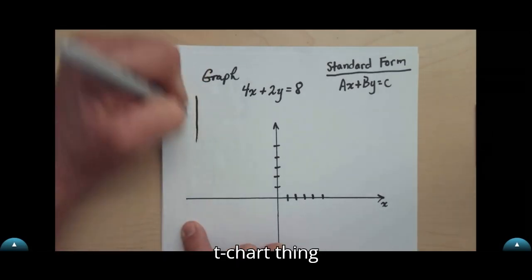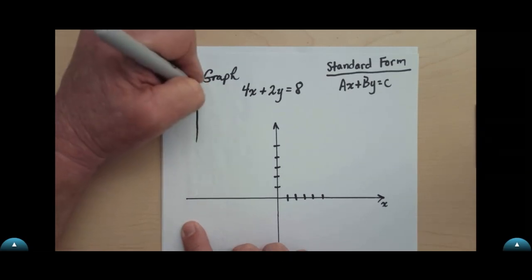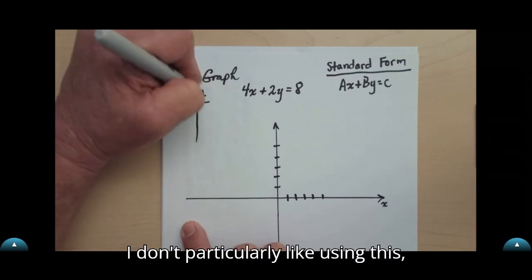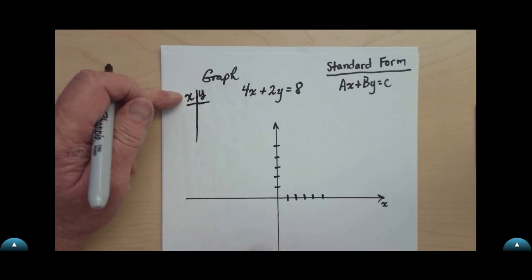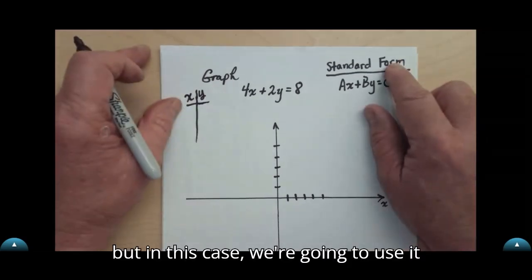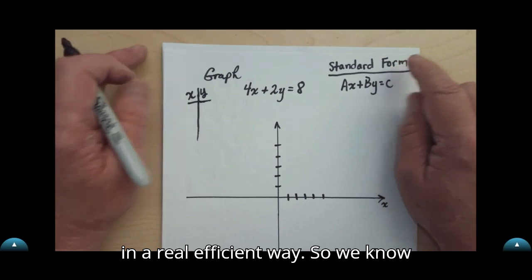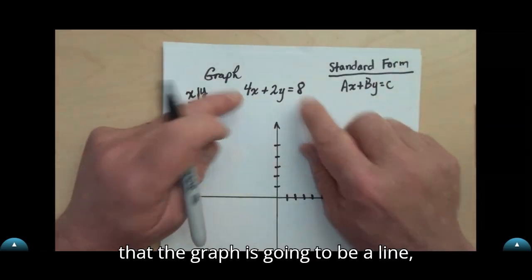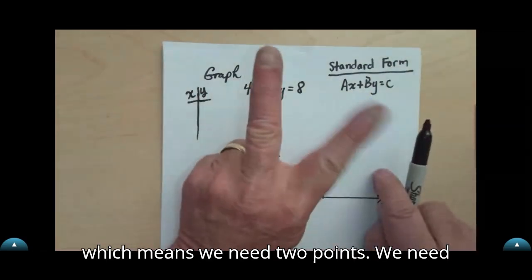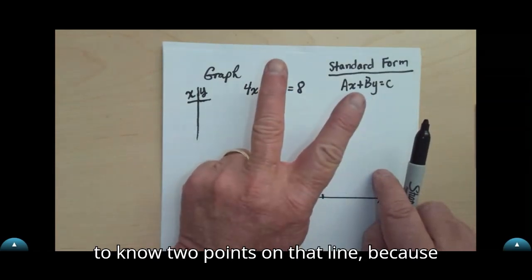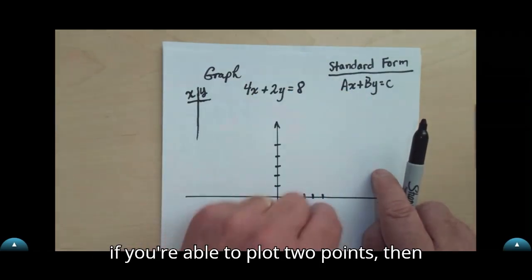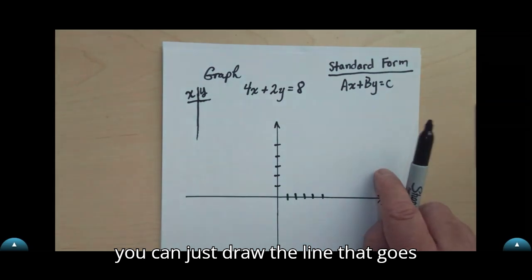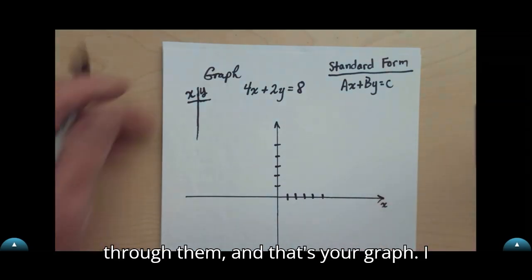So that T-chart thing, I don't particularly like using this, but in this case, we're going to use it in a real efficient way. So we know that the graph is going to be a line, which means we need 2 points. We need to know 2 points on that line. Because if you're able to plot 2 points, then you can just draw the line that goes through them, and that's your graph.